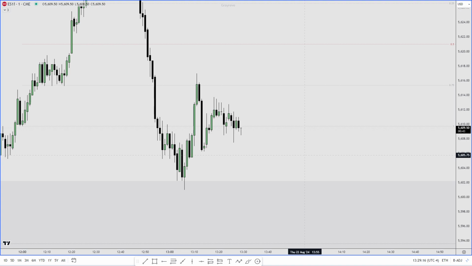One more minute to the start of the new 30 minutes candle.